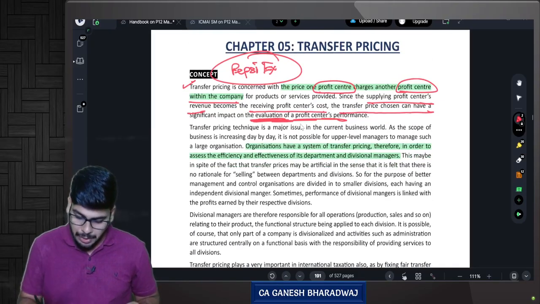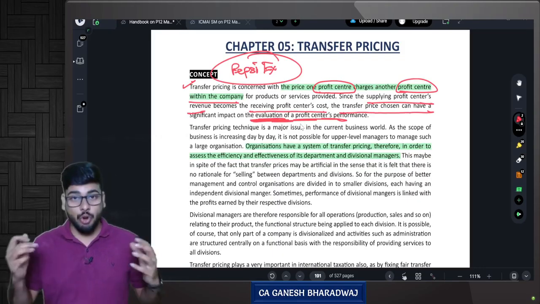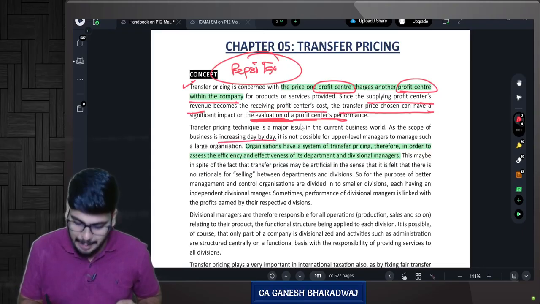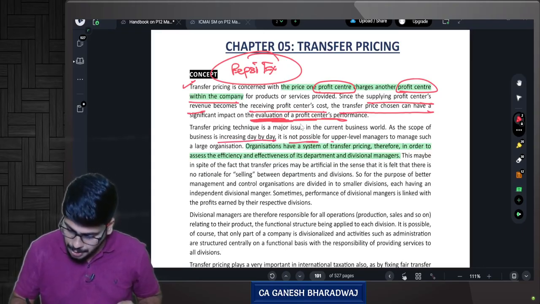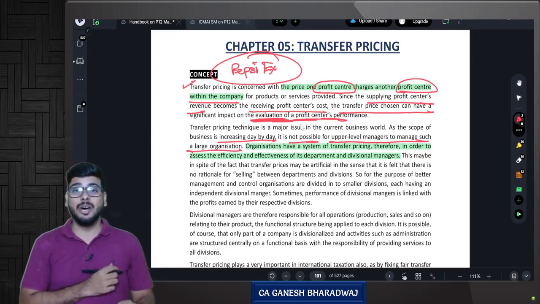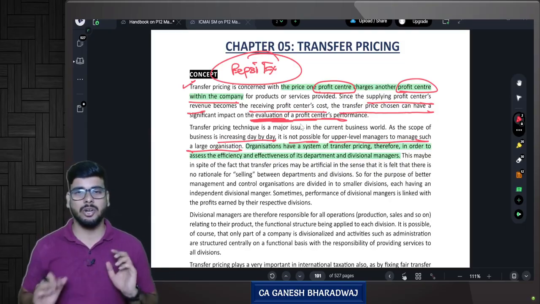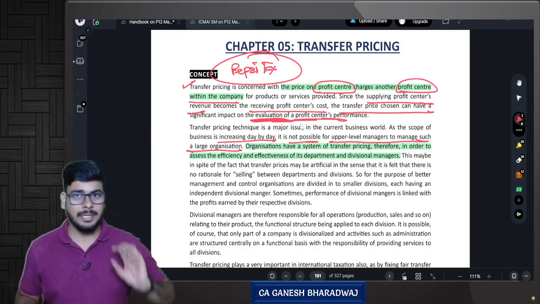Next, transfer pricing technique is a major issue in the current business world. As the scope of business is increasing day by day, it is not possible for the upper level managers to manage such a large organization. Now, I told you Pepsi for example's sake to understand the concept of transfer pricing.